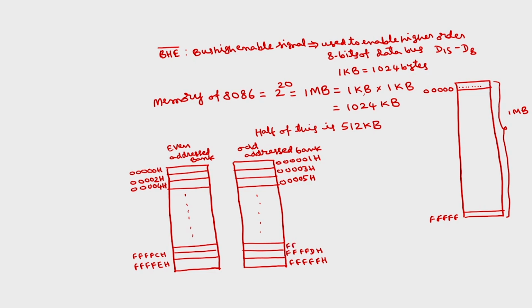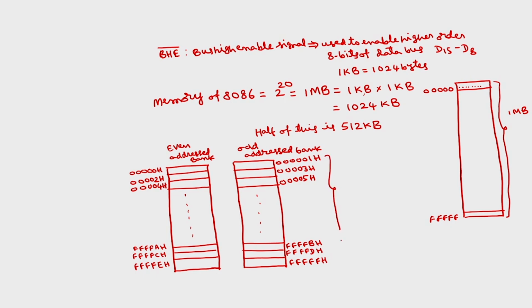This one will be FFFFBH, and this one will be FFFFAH, and so on. So this will contain only the contents of the even addressed locations. This will contain the odd addressed locations.